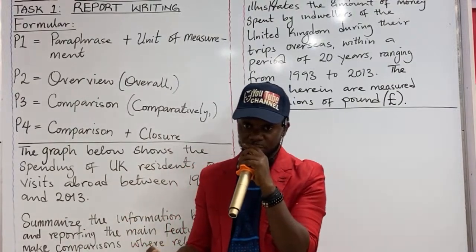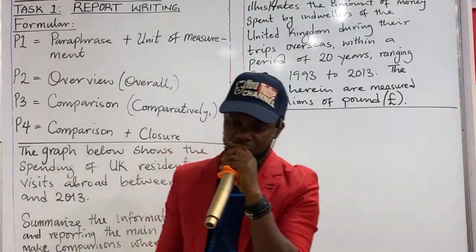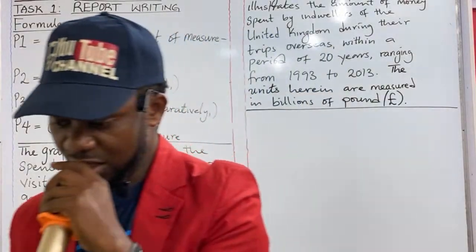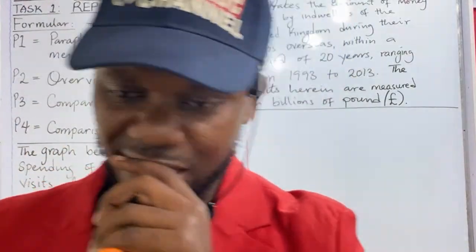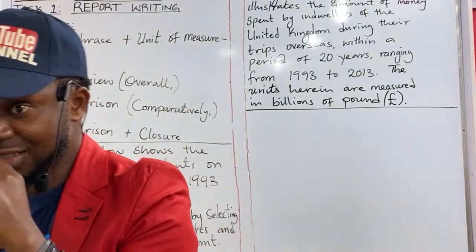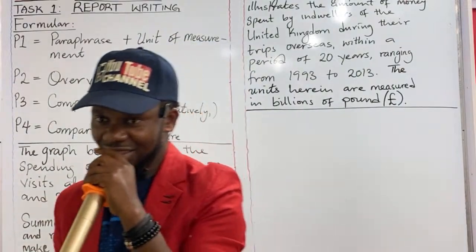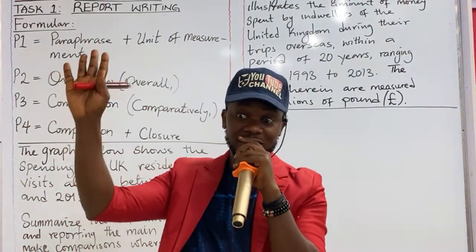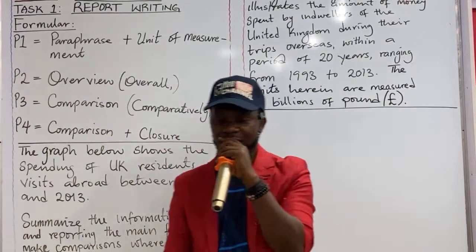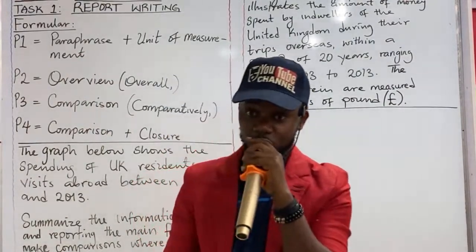The first one was subject and objects, right? Yes. Now let's look at paragraph 2 that we just treated. What do you think would be the subjects and objects? The UK residents are the subjects. Then objects, the areas of their spending, holiday, visit friends. Do you understand? Yes.